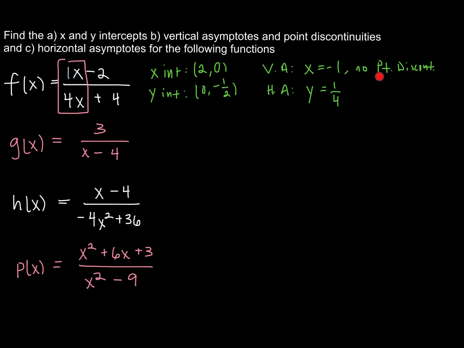And this is not a point discontinuity, because the numerator won't be 0 as well when x is equal to -1. So I just have a vertical asymptote. And the horizontal asymptote, I notice that the leading terms have the same degree. And so that means that the leading coefficients are going to determine my horizontal asymptote, and this has a leading coefficient of 1, a leading coefficient of 4, so my horizontal asymptote is the line y equals 1/4.